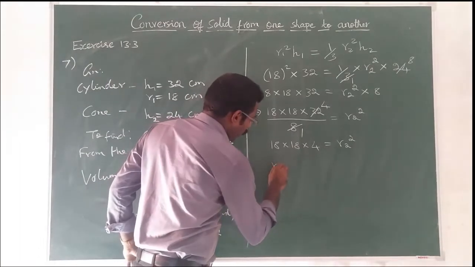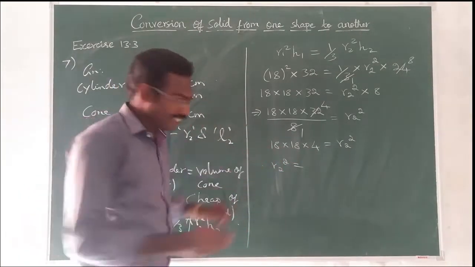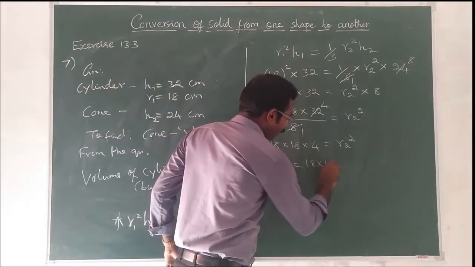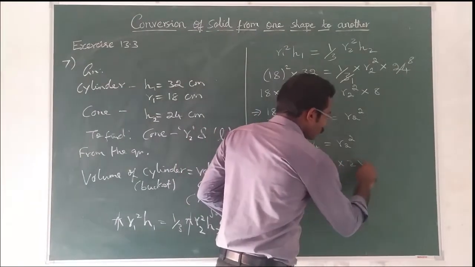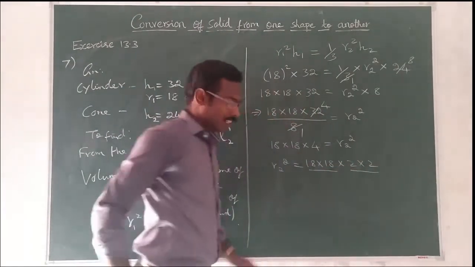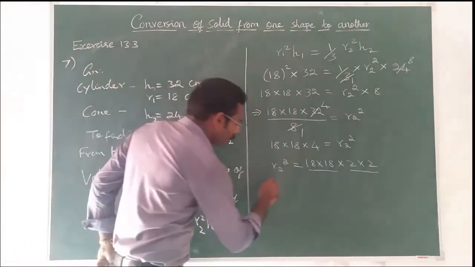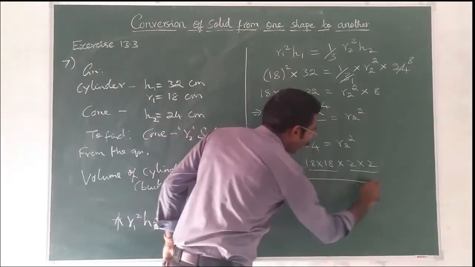Okay, so we can write like this. Therefore, r2 square is equal to 18 into 18, very easy. This 4 you can write as 2 into 2. So this is a square. If you want r2, when this square goes to that side it will become a square root.